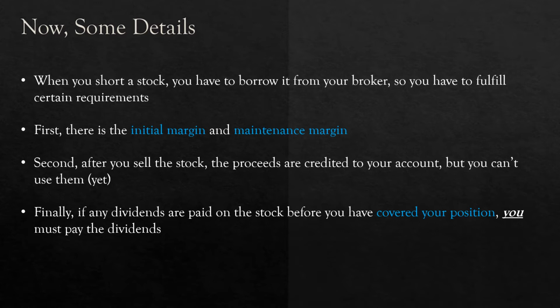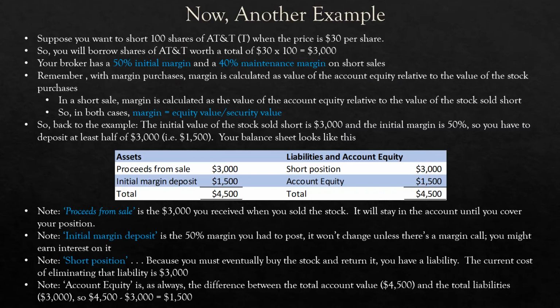And finally, if any dividends are paid on the stock before you have covered your position, meaning before you've bought the shares, you have to pay the dividends. So those are some details to keep in mind when you're analyzing or considering making a short sale.